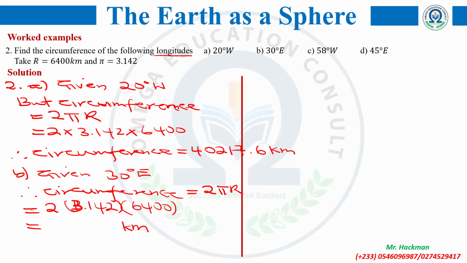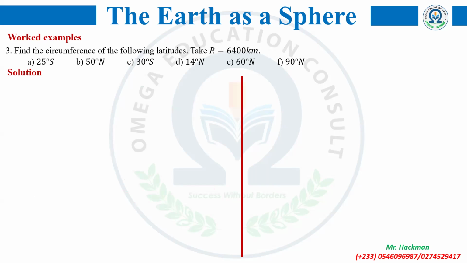Because it's a great circle, the variable r is a constant, which is 6,400 km. So that will not change. Now let's look at the situation where it is latitude. It is latitude that the circles will change in terms of size. Therefore, the radius will change and the circumference will change. Is that clear, my professors?